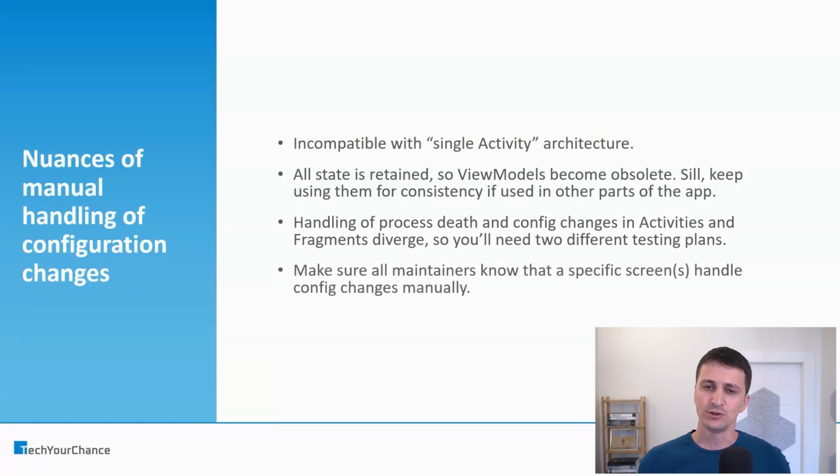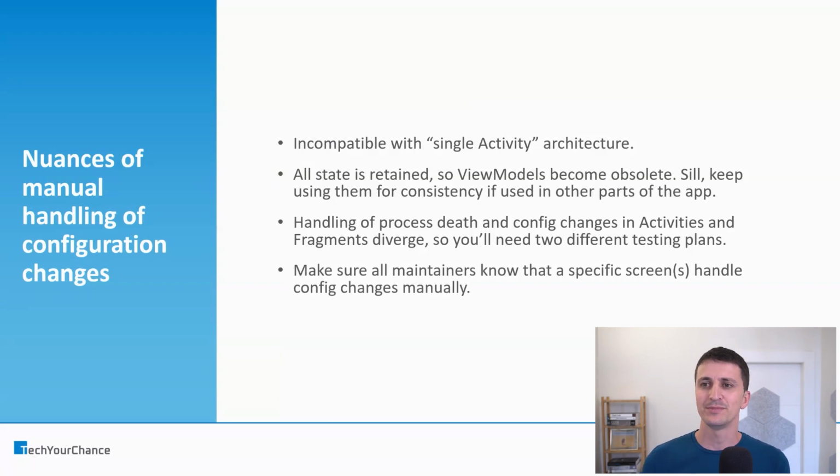And if you decide still, after all we've discussed, that it's worth it for your project to perform this performance optimization, please make sure that everyone on your team understands that there's this part of your app that handles config changes manually. They need to be aware of that because, generally speaking, when I go and work on some screen, let's say a fragment or activity, I assume that it goes through the standard lifecycle.